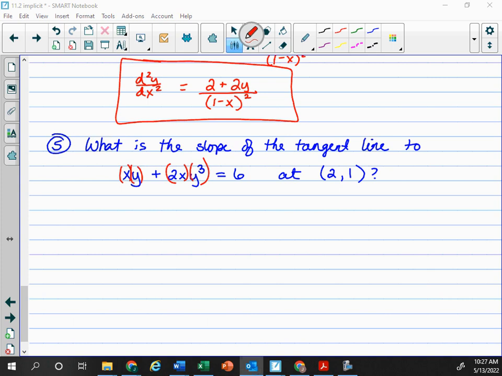Product rule. Equal to 6. Check in with each other, see if you got the same slope. You should get just like a number at the end here.